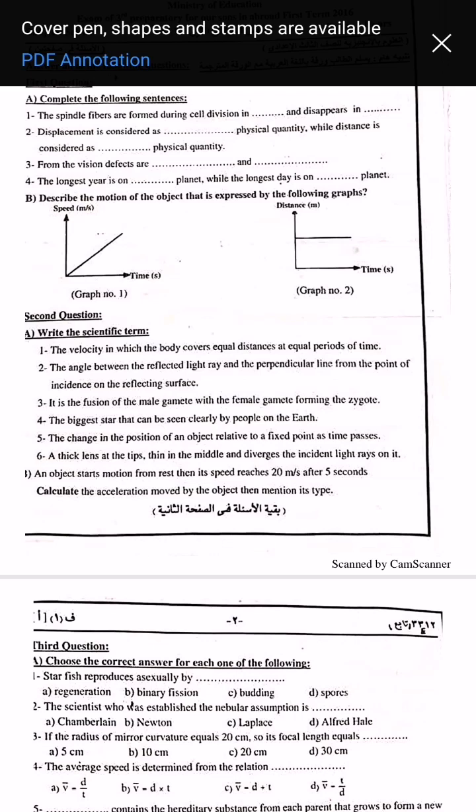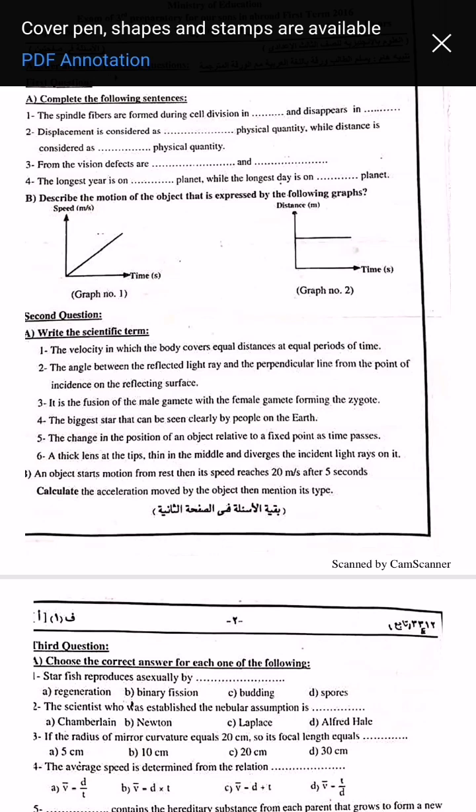Here we have the object starting motion from rest, so V1 or the initial speed equals 0. And its speed becomes 20 meter per second. This is V2 or the final speed. And the time taken to change this speed is 5 seconds. So the answer: acceleration, A, equals V2 minus V1 divided by delta T. V2 equals 20 minus V1 equals 0, divided by delta T, which is 5.